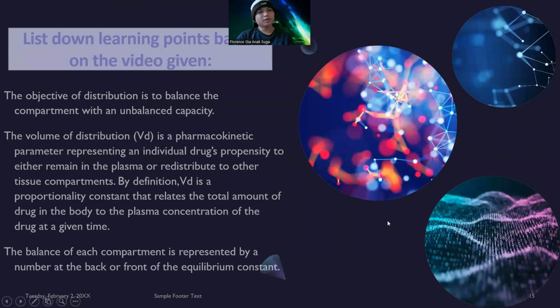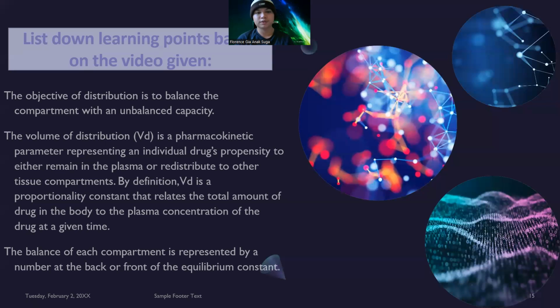So the learning point based on the video given is that the objective of distribution is to balance the compartments with an unbalanced capacity. The volume of distribution, or shortly known as VD, is a pharmacokinetic parameter representing an individual drug's propensity to either remain in the plasma or redistribute to other tissue compartments.